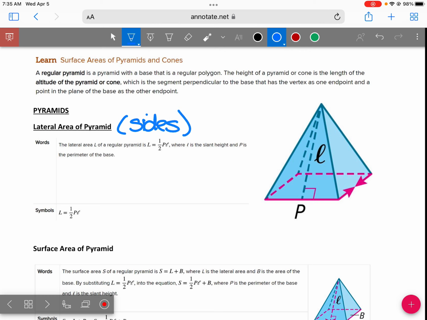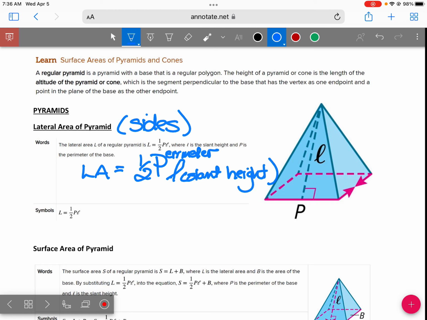The lateral area of a regular pyramid is 1/2 times capital P, which is perimeter, times the cursive L, which is slant height. This is the lateral area.